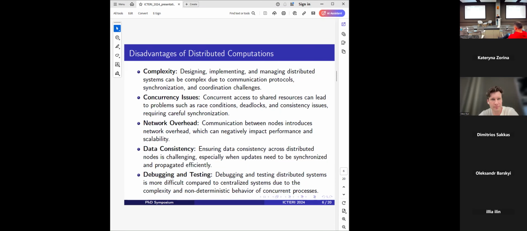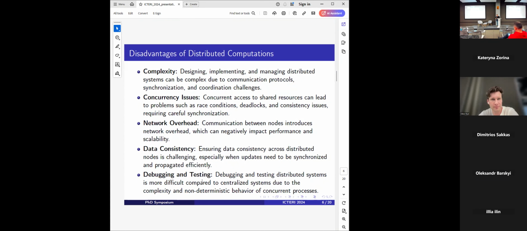About disadvantages of distributed computations. There's always some complexity, concurrency issues, network overhead, data consistency, and always a problem with debugging and testing.